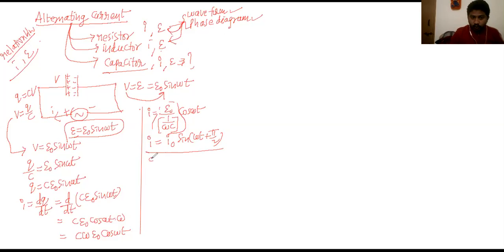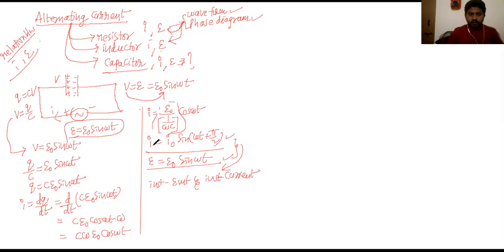And you know already E is equal to E naught sine omega t, my dear students. So we have the instantaneous EMF and the instantaneous current. Is there any confusion? No confusion, right?